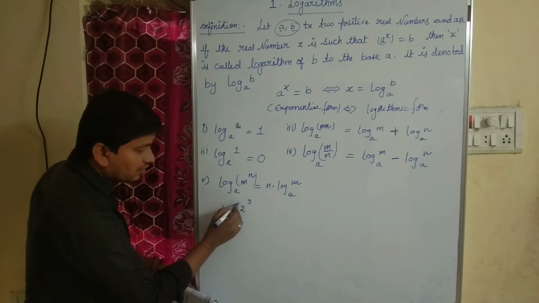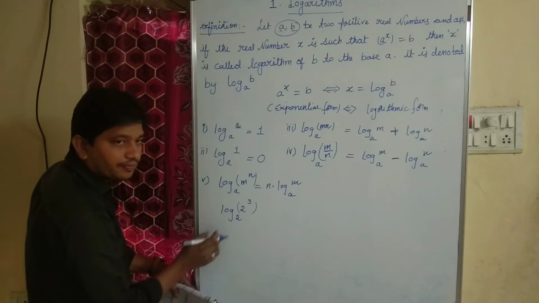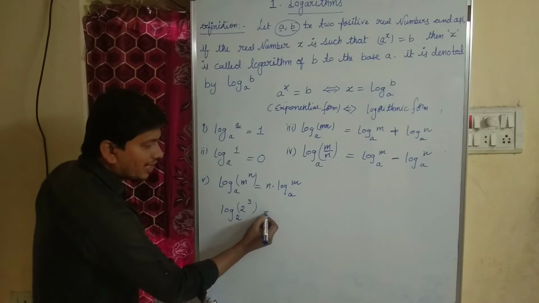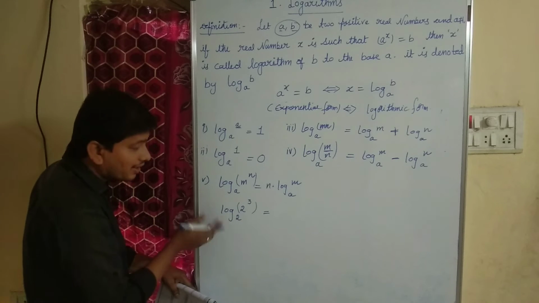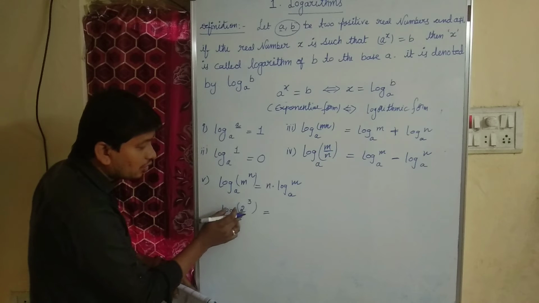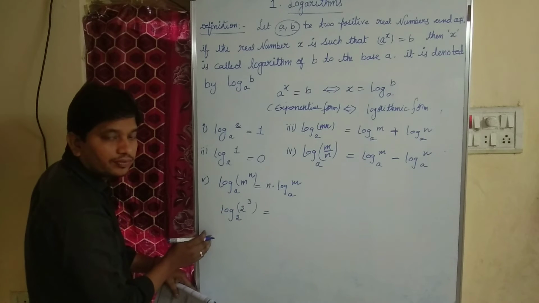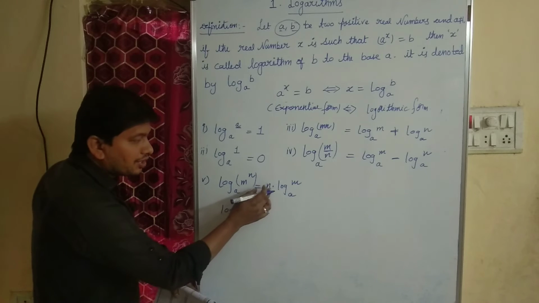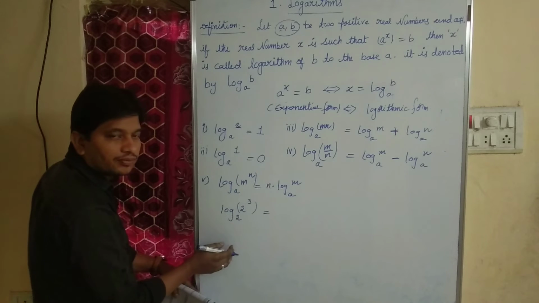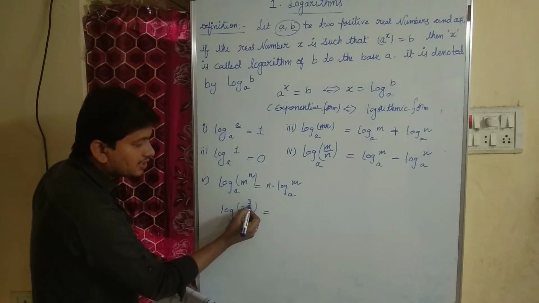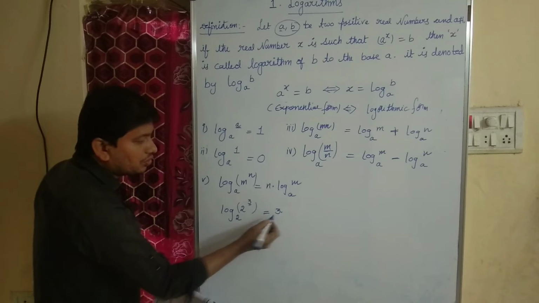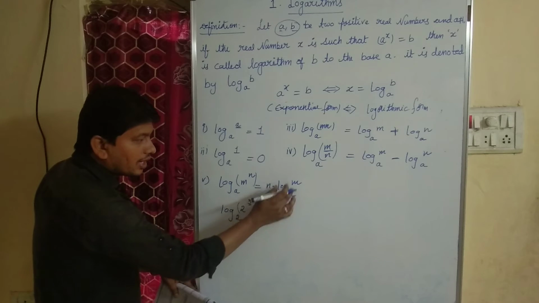See, which is in the form of log m power n to the base a. How can I express this? I can say that log m power n to the base a, I can write it as n into log m to the base a. I mean here in this case n is 3, children, so 3 into log m to the base a.